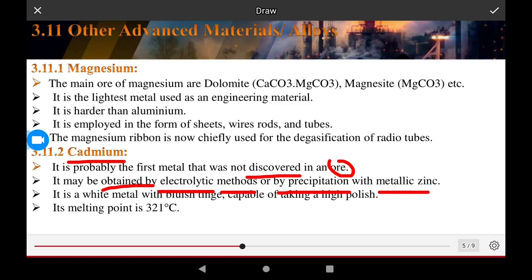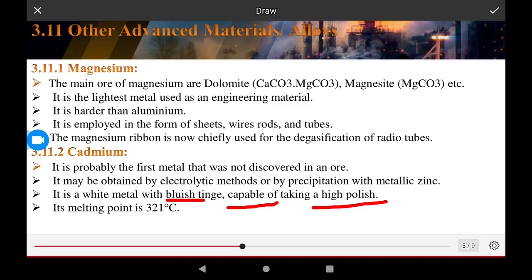It is a white metal with a bluish tinge, capable of taking a high polish. Its melting point is 321 degrees Celsius.